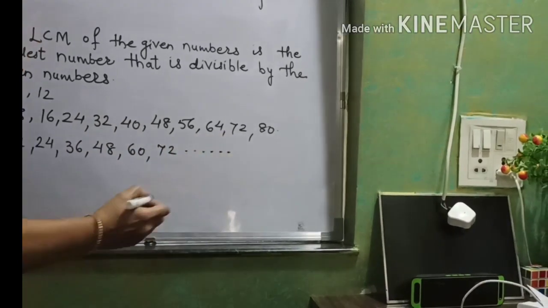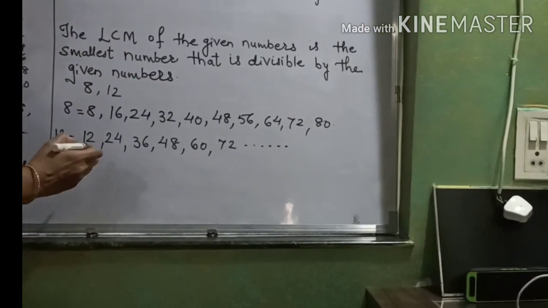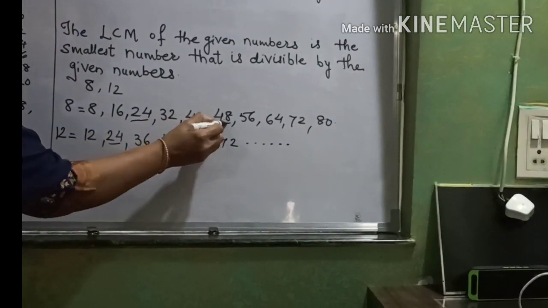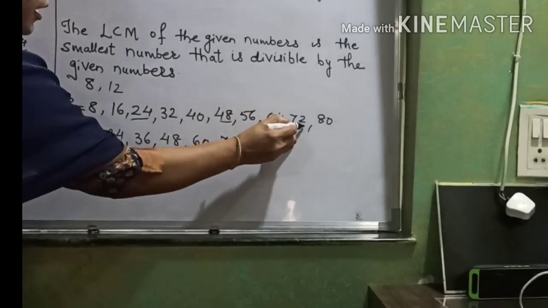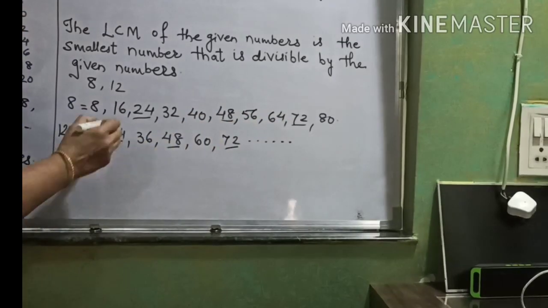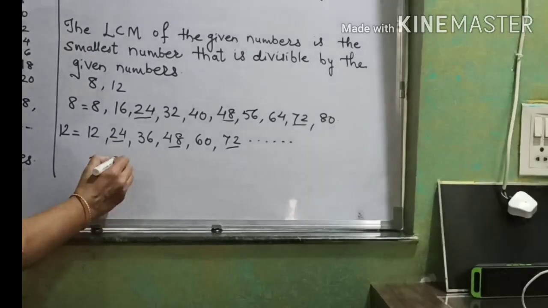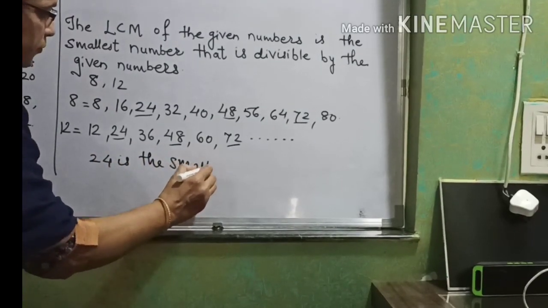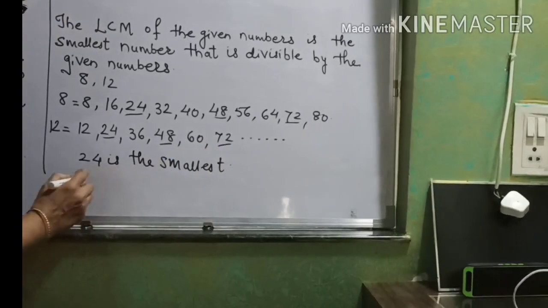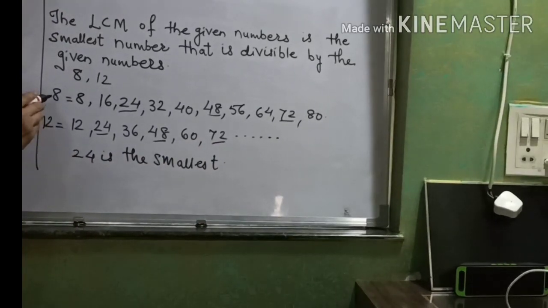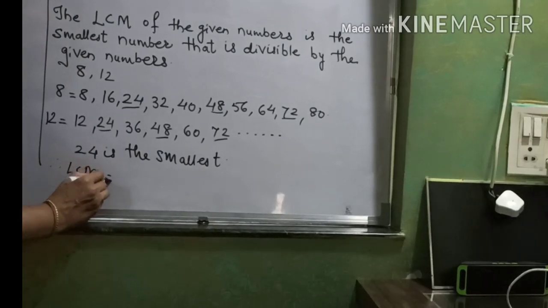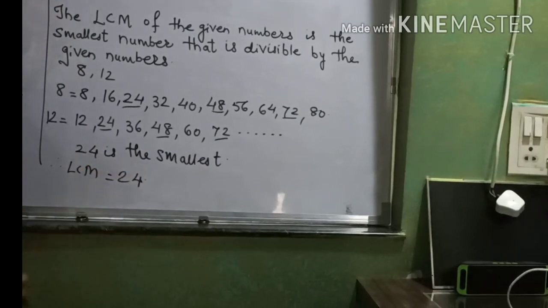And now the common multiples we will just mark here: 24, then 48 and 72. So among these, 24 is the smallest. And also it is divisible by 8 and 12. Therefore, LCM is 24.